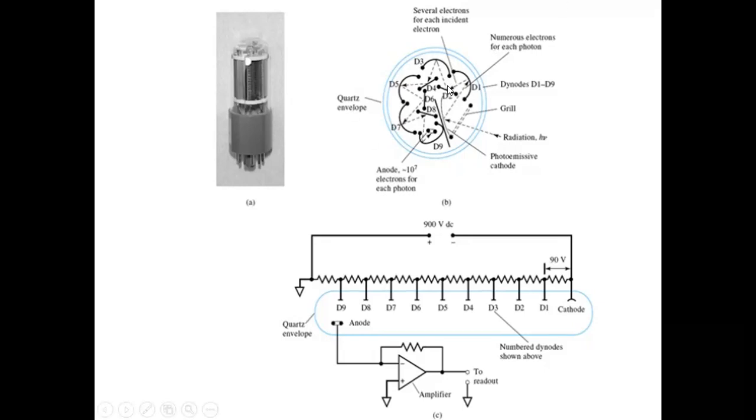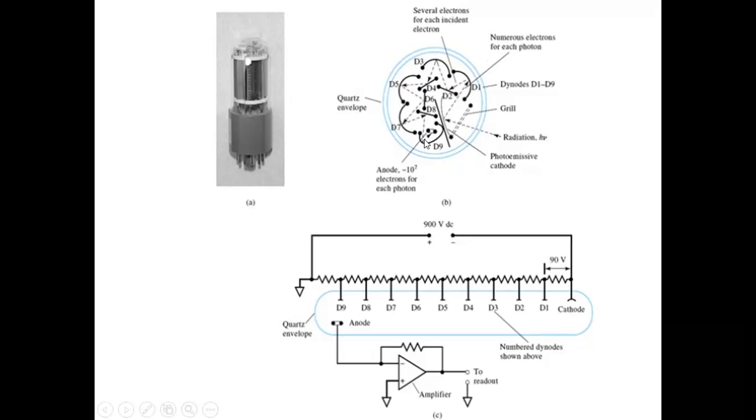Then again from dynode 2 to dynode 3, electrons will move. When they transfer from dynode 2 to dynode 3, again one electron will give several more electrons. The same thing happens when the electrons transfer from dynode 4 to 5, 6, 7, 8 and 9.